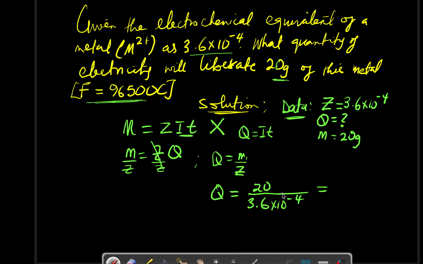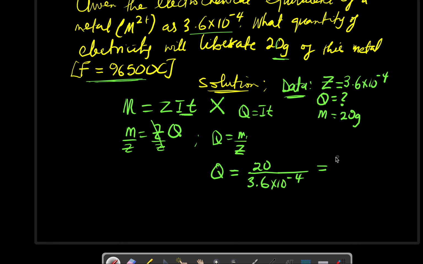The final answer you should have is 555.56 coulomb. If you have this final answer, it means you pointed your calculator correctly, and that is a very correct answer for this particular problem.